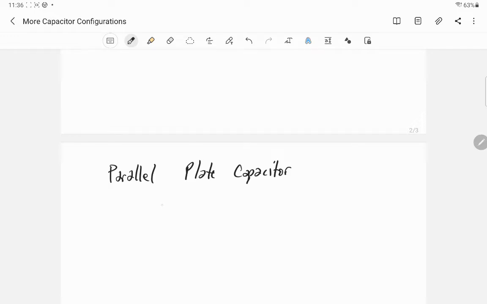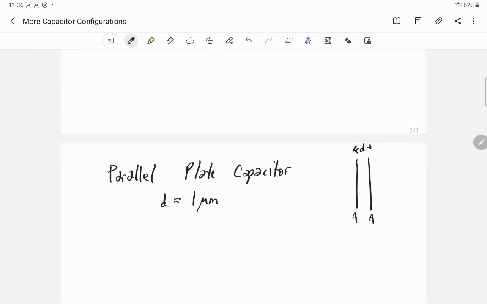So remember that we had this sort of approximation where the distance of separation between the two plates, so here's a plate and here's another plate, they each have area A, and we imagine them being separated by a distance d, right? So let's have a parallel plate capacitor where d is 1 micrometer, for example.